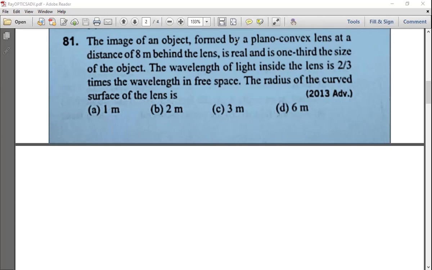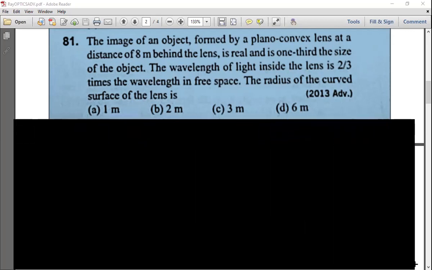Okay, so let's go to the next question. And this is what the question is. I have so much space now, I can use this.